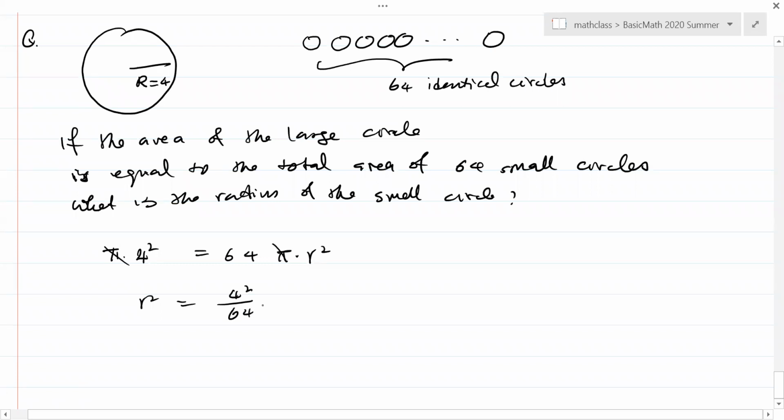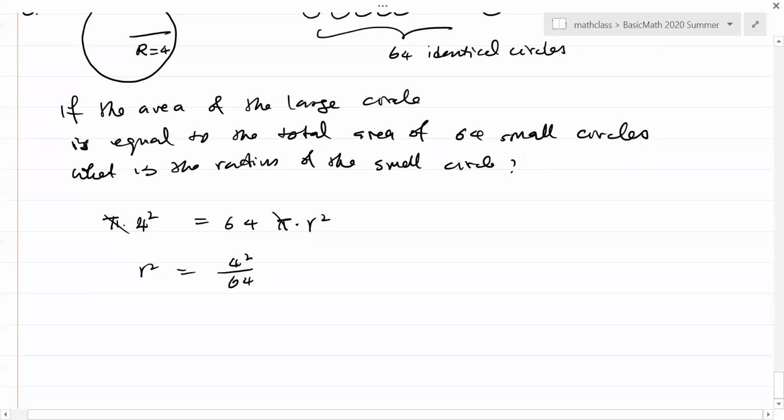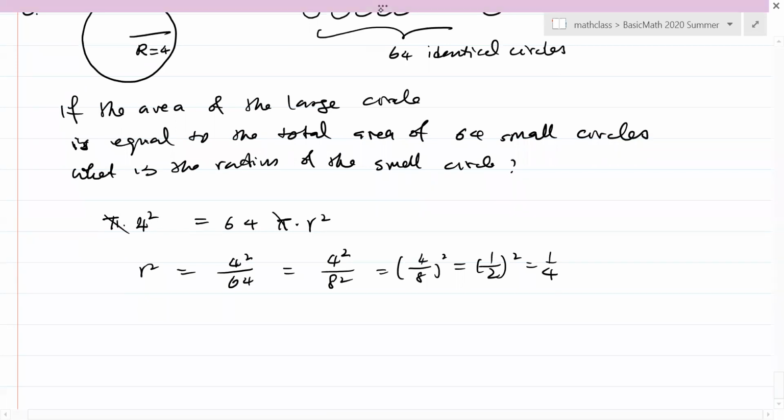You can simplify: 64 is 8 squared, so it's 4 over 8 squared, which is 1/2 squared, that's 1/4. I don't need to calculate that part, I just find the radius, which is then equal to 1/2.